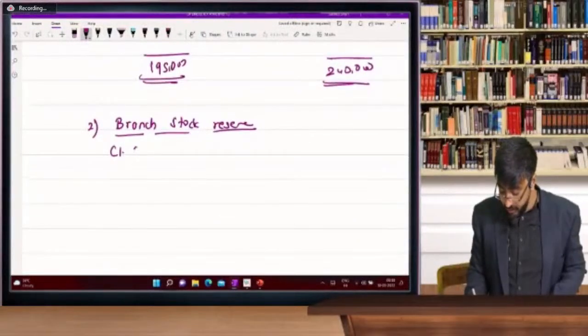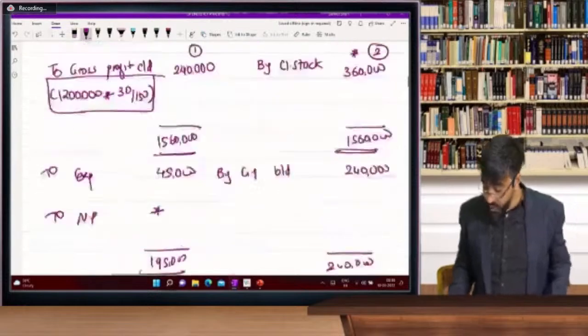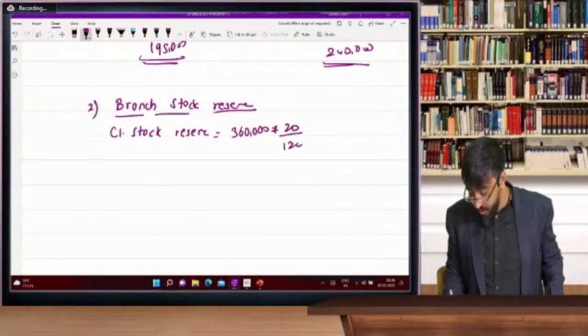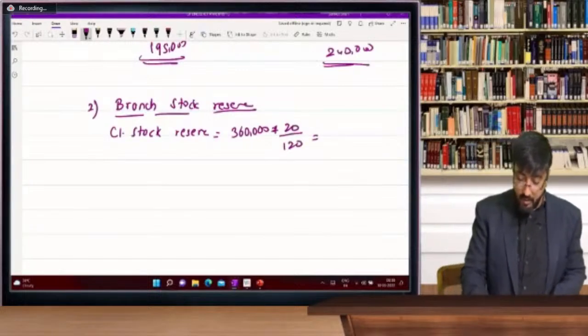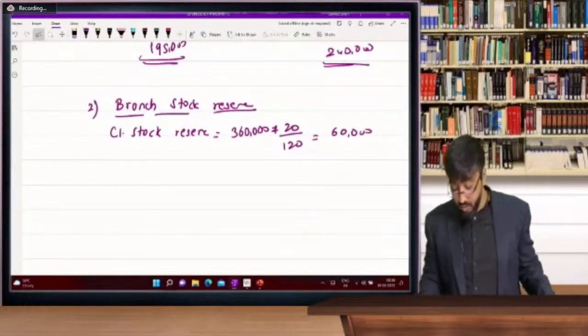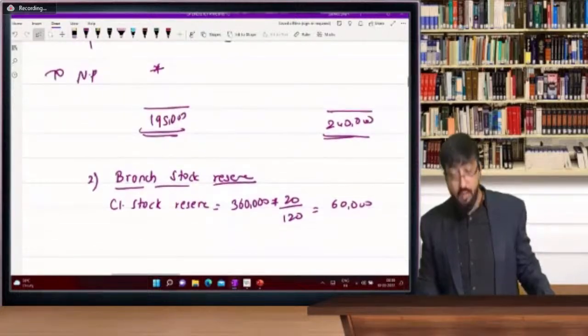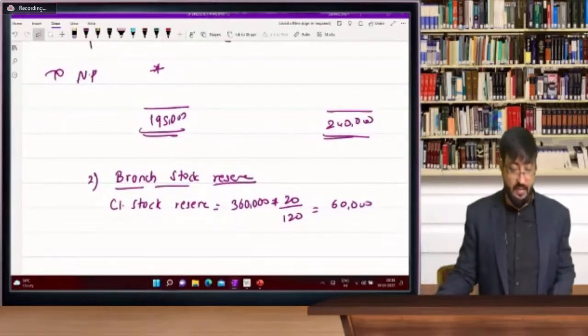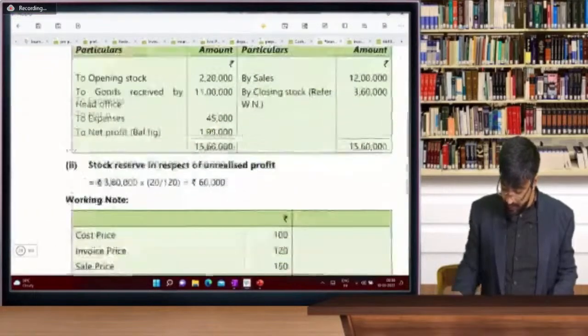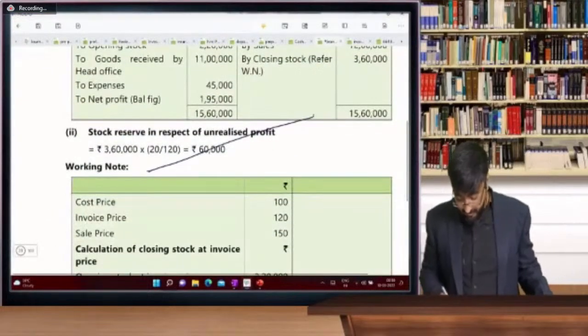So closing stock reserve. What is closing stock? 3,60,000 into 20 divided by 120. Sorry, head office sends goods to branch at 20 loading and 120 is the invoice price. So 60,000. So this is the answer. You can check the answer. Yes, 60,000.